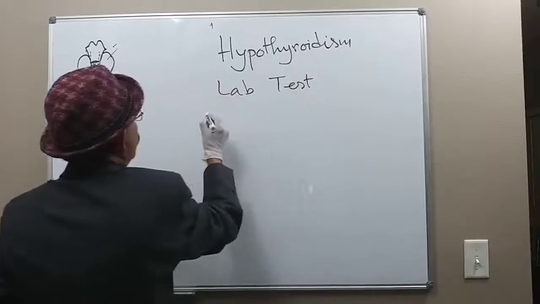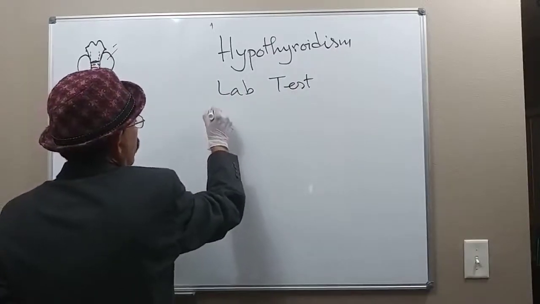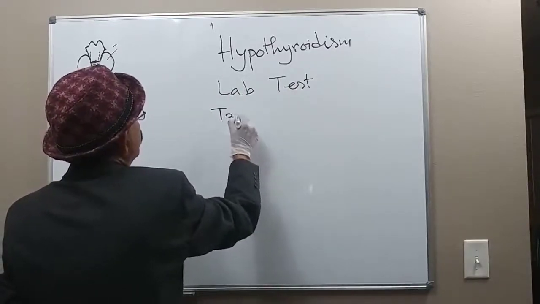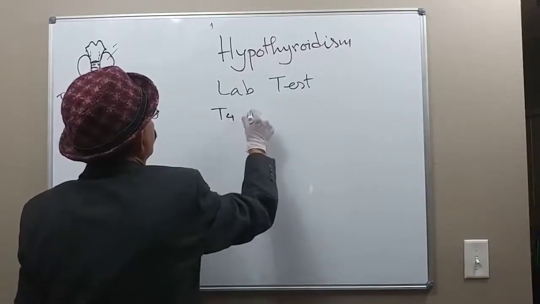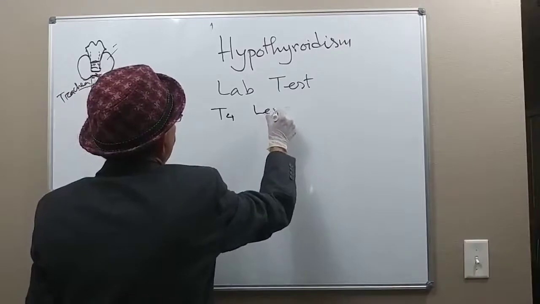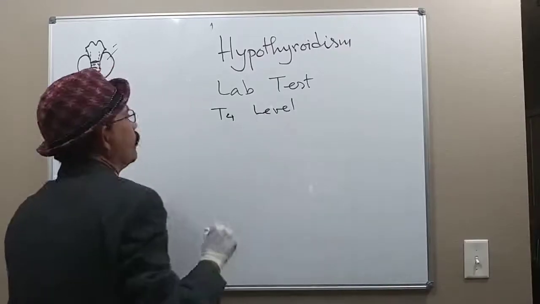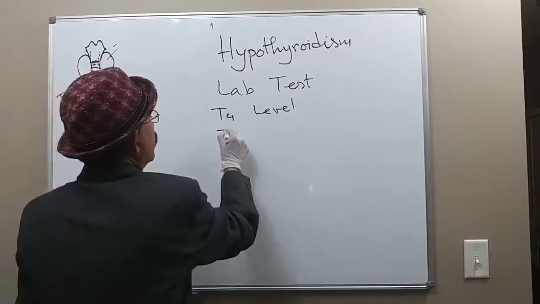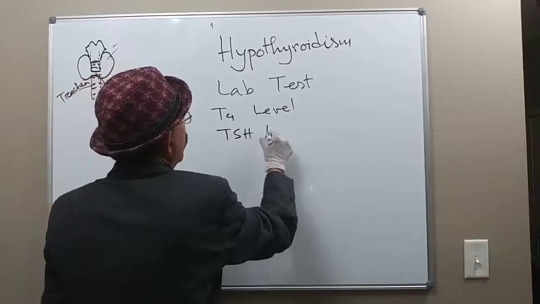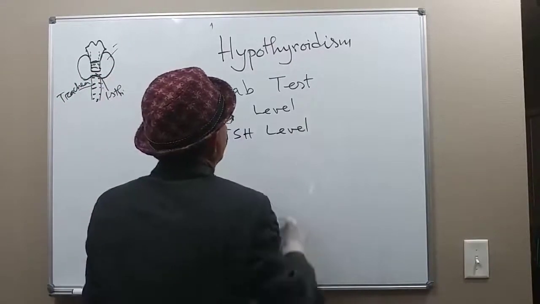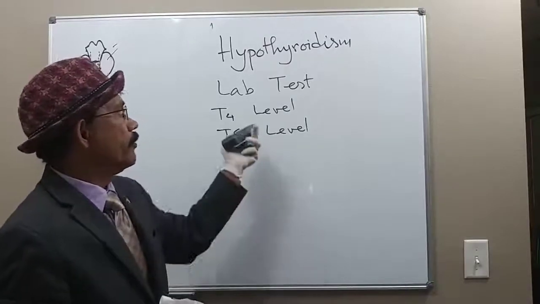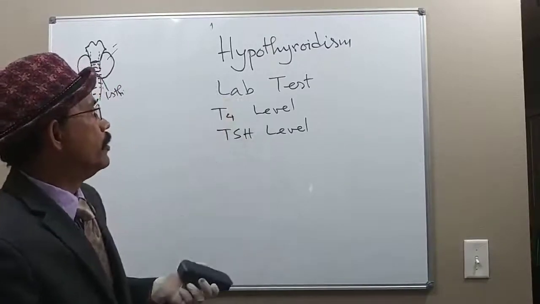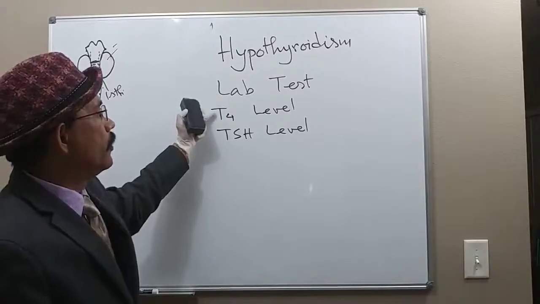We'll give emphasis on T3, we'll assess the T4 level in the blood, free T4 level. We'll also assess the TSH level. So these two are important determinants for the diagnosis of hypothyroidism.